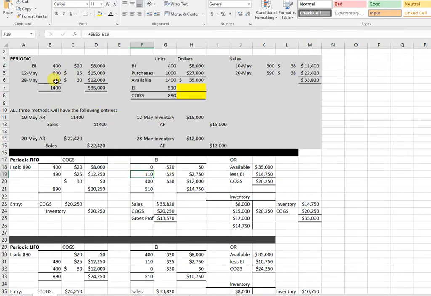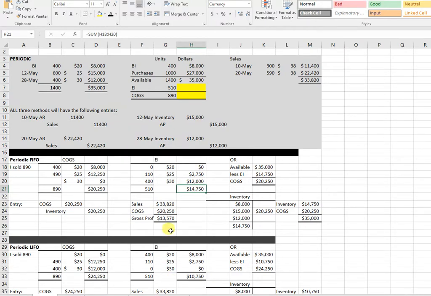And of the $30 ones, you don't necessarily need to put this in here like this. I just did it for the Excel worksheet so I could change my numbers for FIFO and LIFO and have it do it automatically. So I have all 400 of the $30 ones. Notice my ending inventory is 510 and the cost is 14,750.